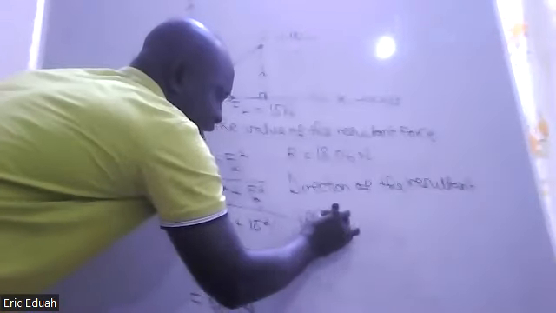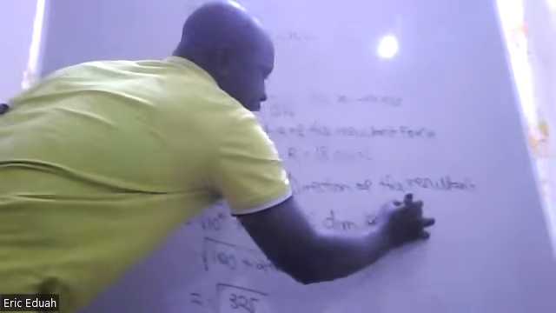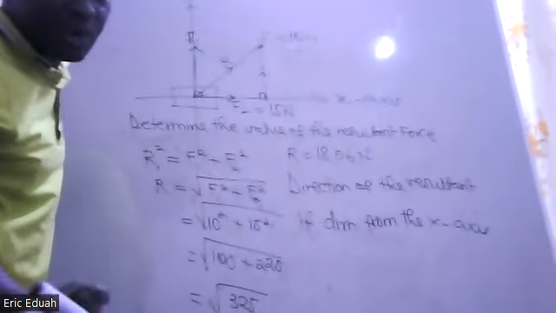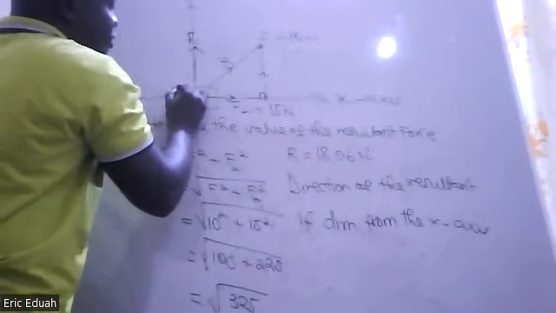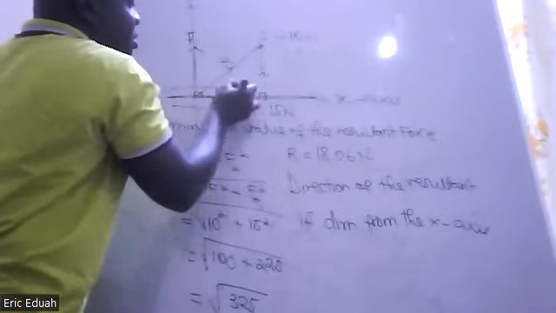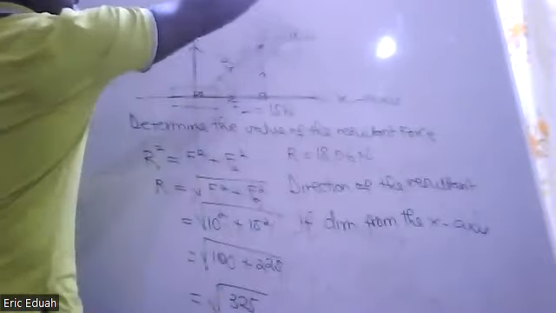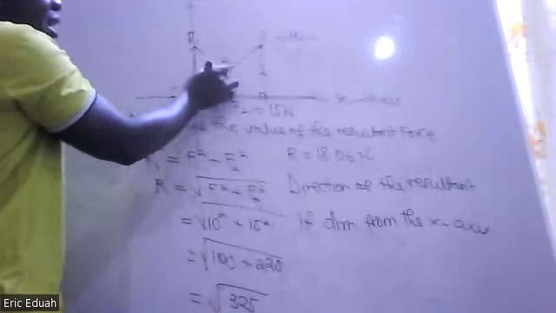If we are looking at the direction from the x-axis, then this is it. Of course, this is the x-axis. So this direction, this is the resultant vector, and you see it is going upward.